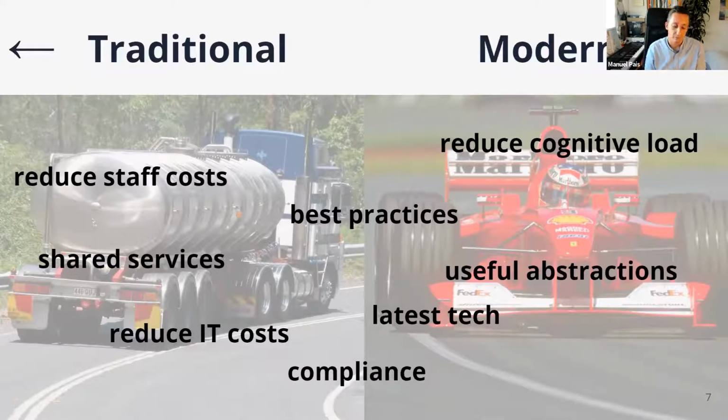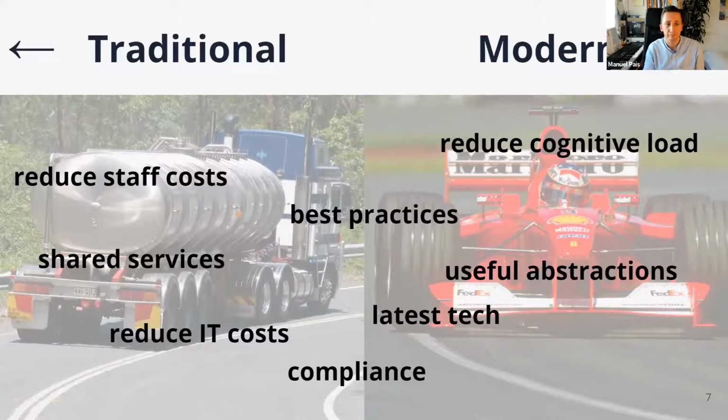So the modern platform is not as concerned with shared services, reducing costs, but actually how do we provide services that are really helpful for our internal teams, for our development teams, and that means we're really focusing on what are the abstractions and what is the right user experience in the platform services. So it's a very different starting point, right?